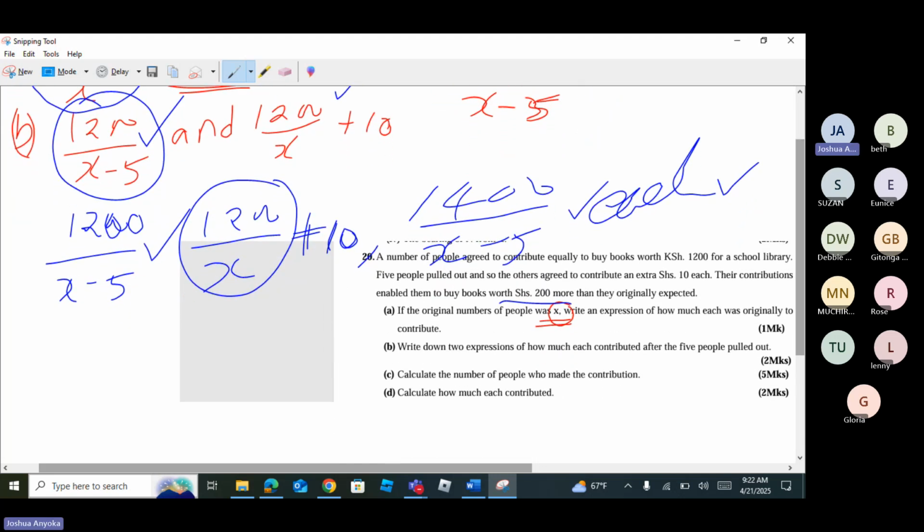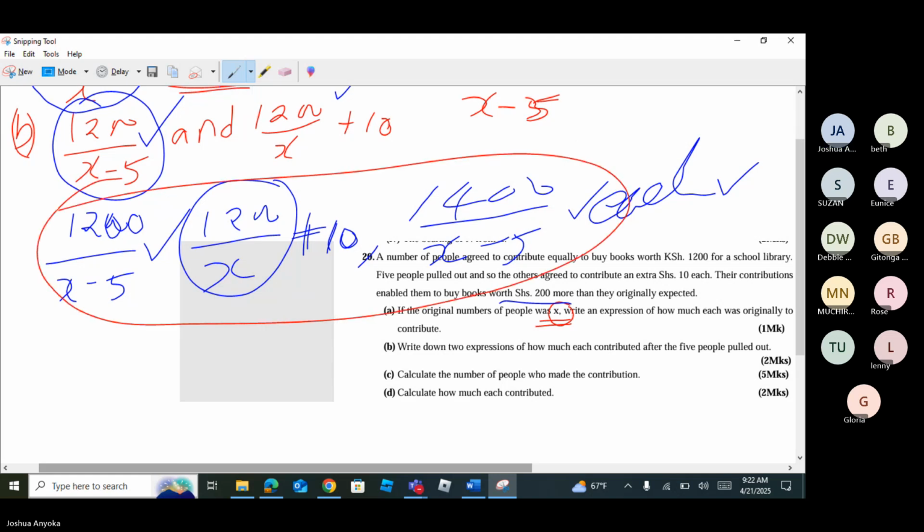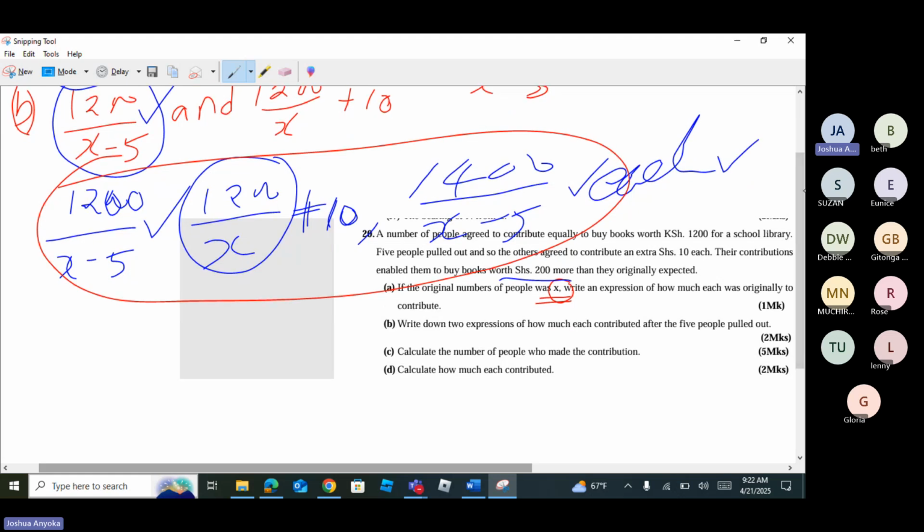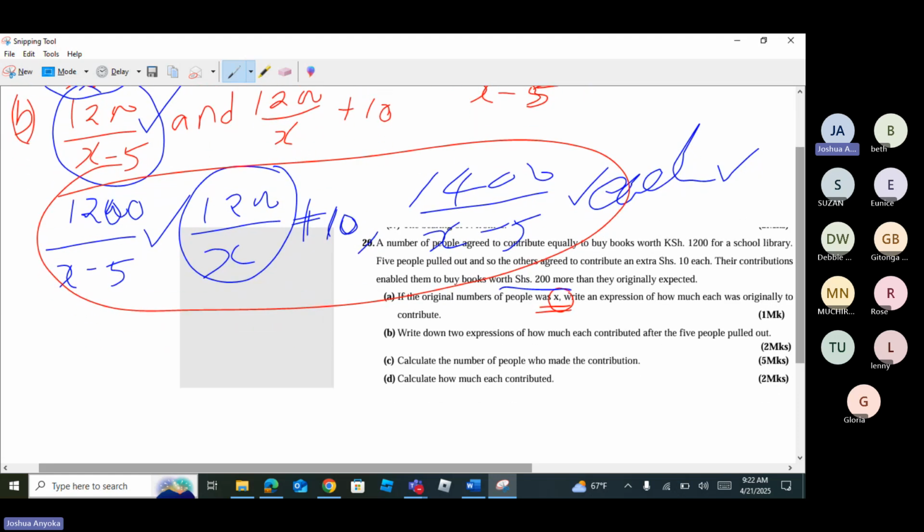Let's now move to part C. Calculate the number of people who made their contributions. All these expressions are equal. So we can equate. Let's make it a logical argument. That one is by assumption. Let us make the logical argument. How do you get the 10 shillings? Each contributes 10 shillings.